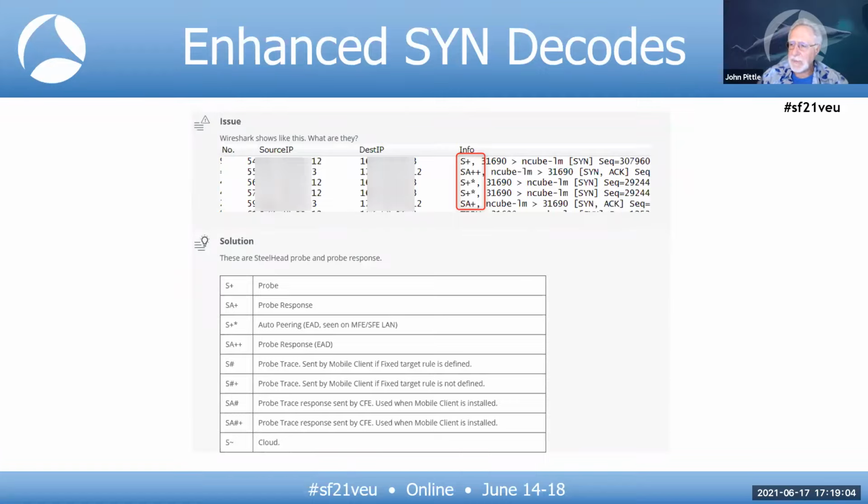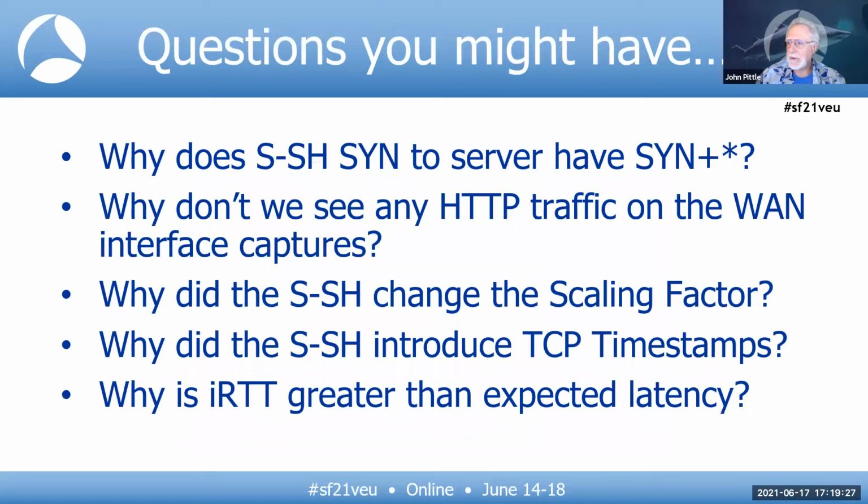SA+ is a probe response. S+ asterisk: hey, I'd like to do auto peering if there's another steelhead upstream, more than 2 in the path. And then there are some other special purpose interesting decodes that you'll see. And this is in the standard Wireshark. This is not any special version of Wireshark. It's the standard version of Wireshark.